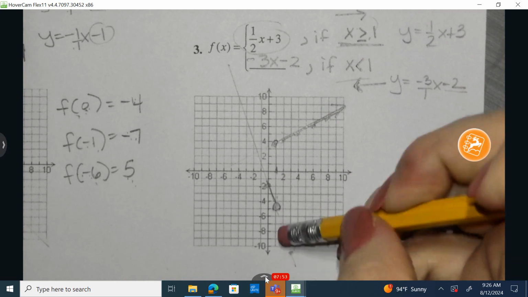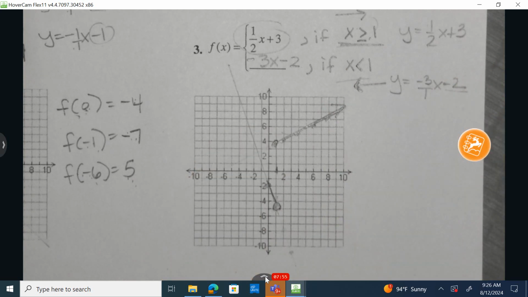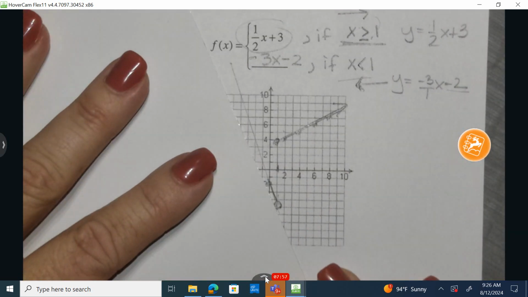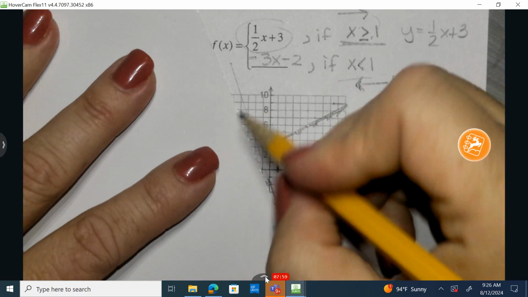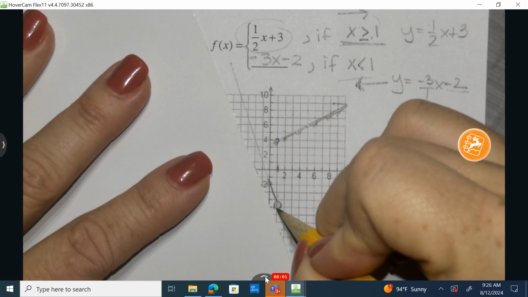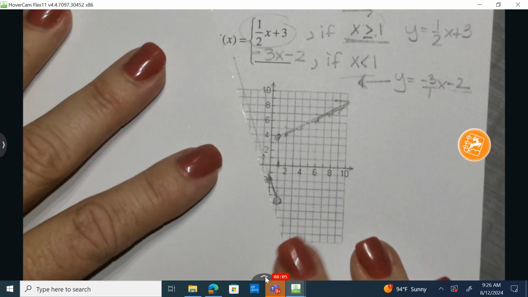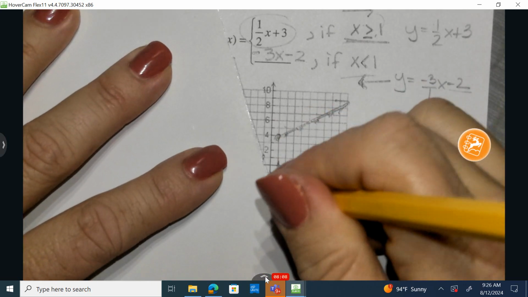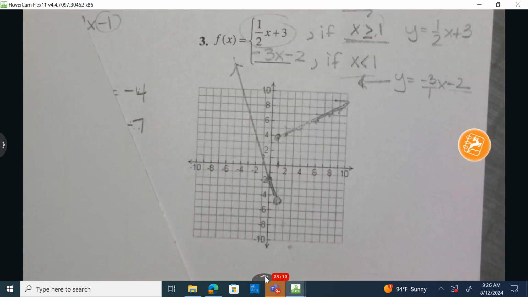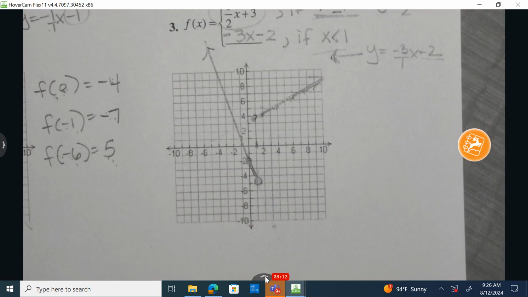Everything to the right will actually be erased. So I'm only going to shade to this direction. And there's my piecewise function.